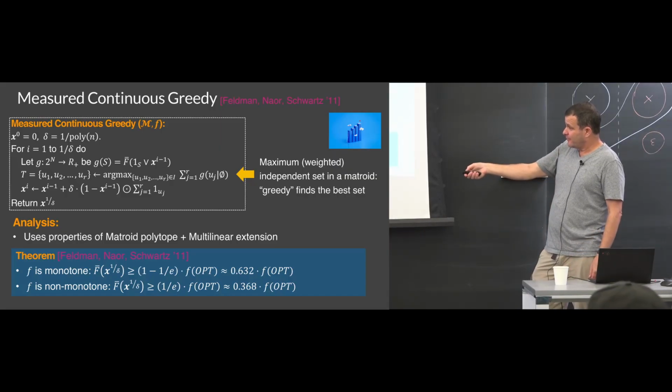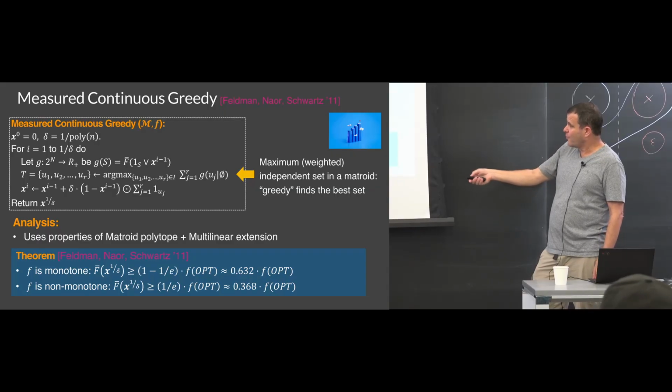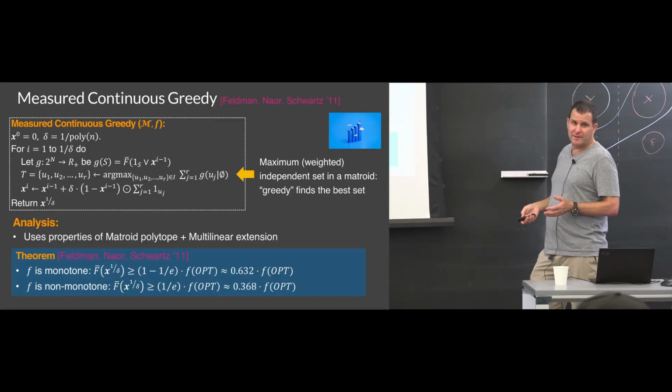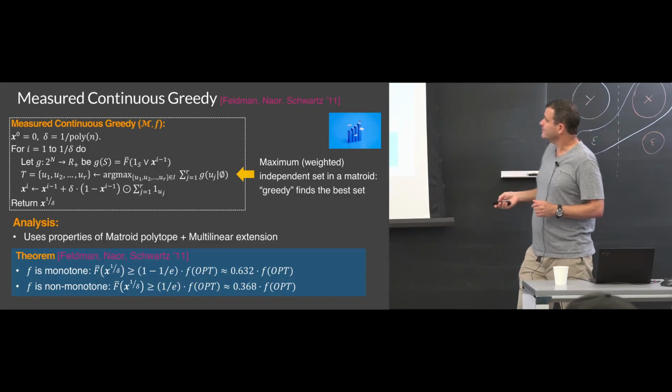But even if f is non-monotone, it will give you an approximation of 1 over e, so 36.8%. So this is quite a simple algorithm and quite good. It was the best algorithm for a while.